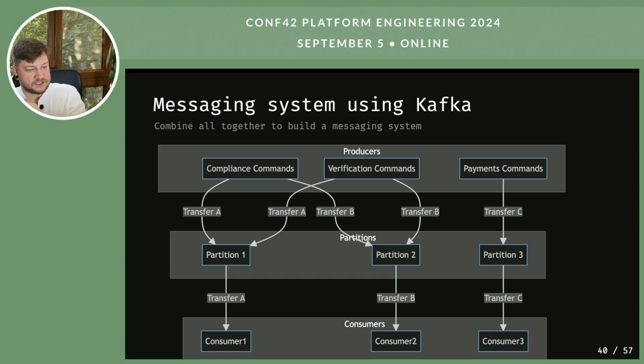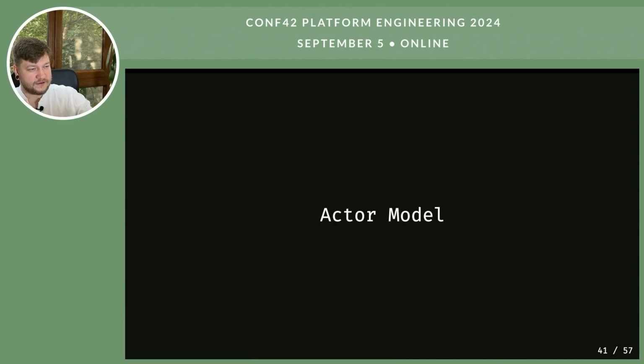Because we guarantee that the order of events within a single partition is ordered. Also, we have consumer groups, so we can handle multiple partitions at the same time, and there is no option to get a message for a transfer in multiple consumers at the same time, just because of routing. Because Kafka will route transfer A into partition 1, transfer B into partition 2, transfer C into partition 3, and that's all.